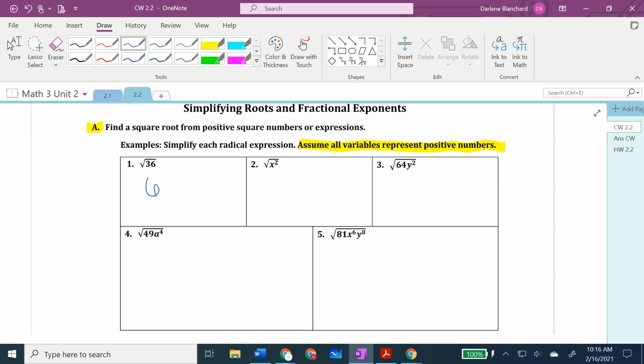And type that into chat. What do you think that is? If I take a variable x that is positive, I square it and then I square root it. Nobody?